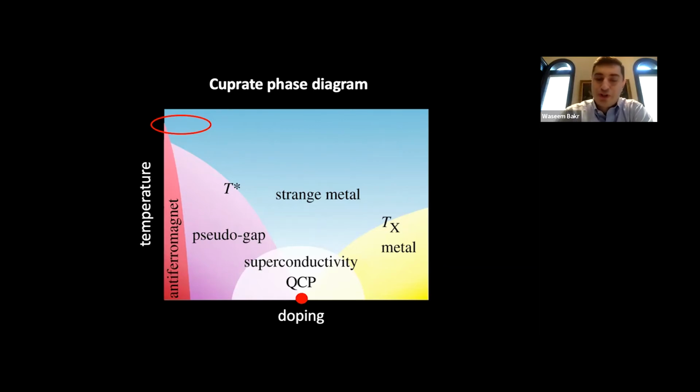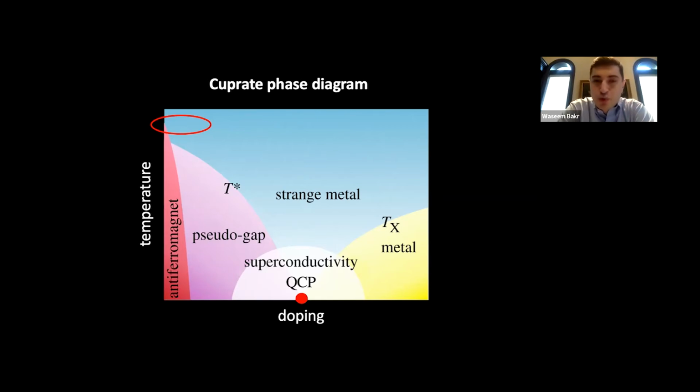At low temperatures, you have the d-wave superconductor, and that's what's shown here. But even in the normal phase, there's a lot of things going on. Here I'm just showing a very simplified phase diagram. The most famous phases are this strange metal, where you have anomalous transport properties, and the pseudogap, where you have basically a gap opening up in the system below a temperature scale T star, even before the system becomes superconducting.